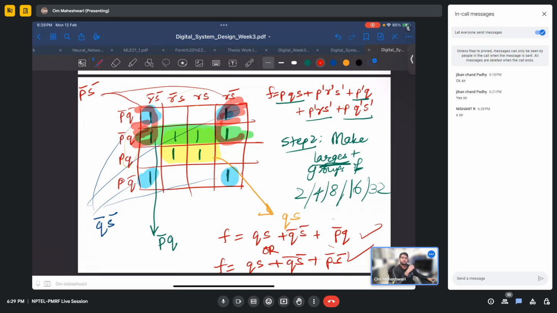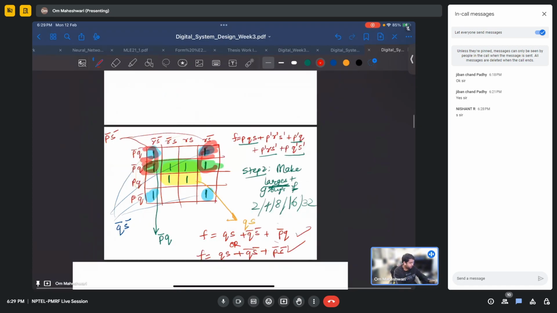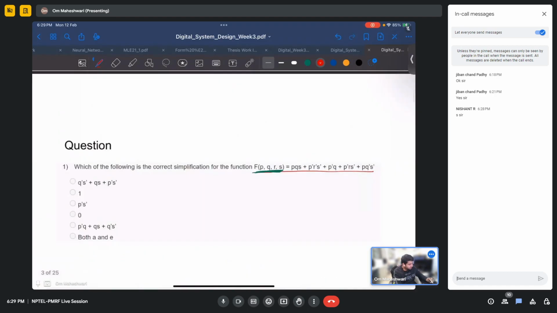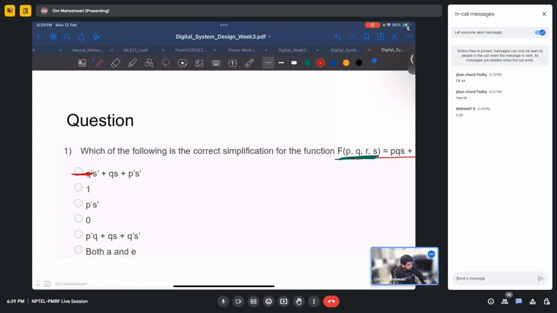Instead of this, let's make this to save us from the confusion. So this is actually the answer of the question. Both, this is also correct and this is also correct. So both A and E are correct.